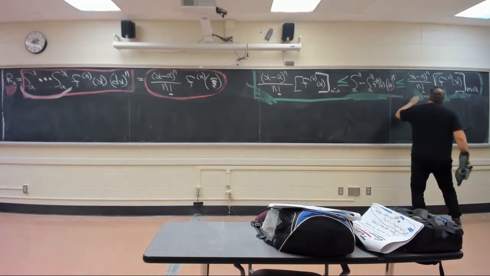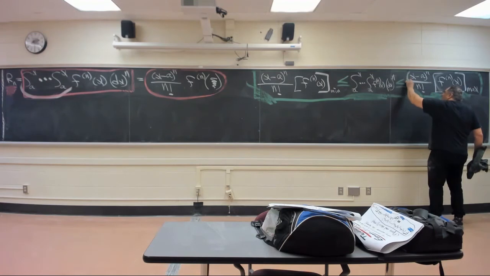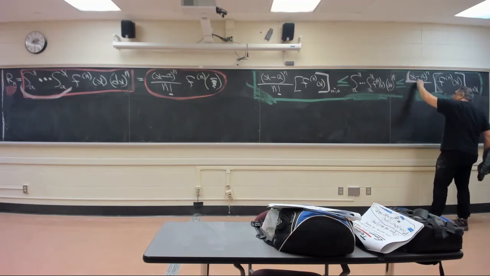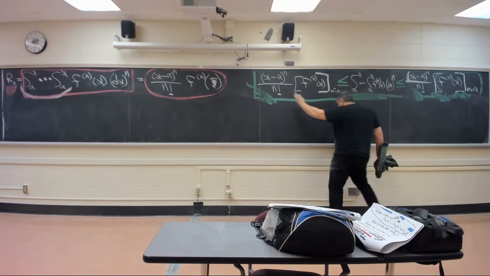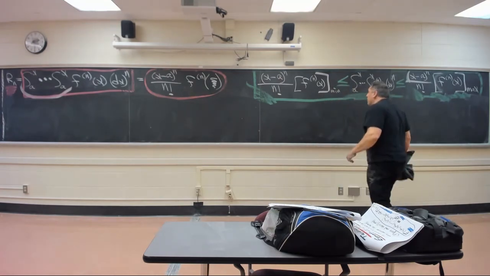So we got this quantity, the quantity x minus a to the n over n factorial, is the same as this quantity over here.